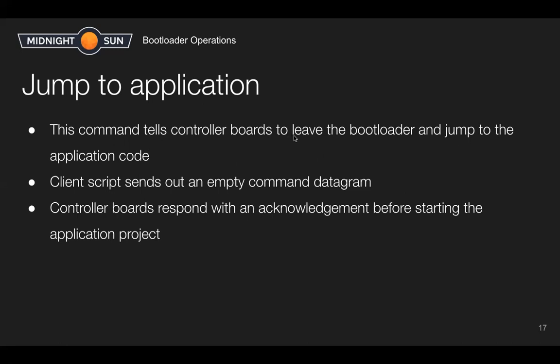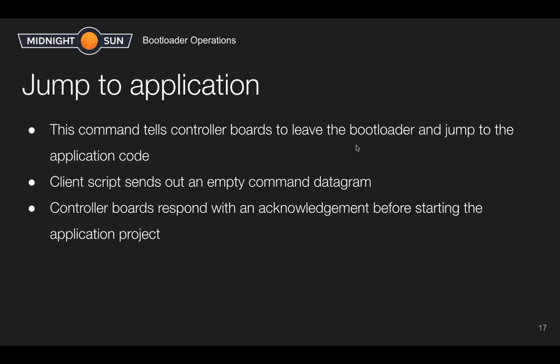The client script will send out a command datagram with a datagram type ID that says jump to application. The controller boards will respond back with an acknowledgement and then jump straight to the application code.